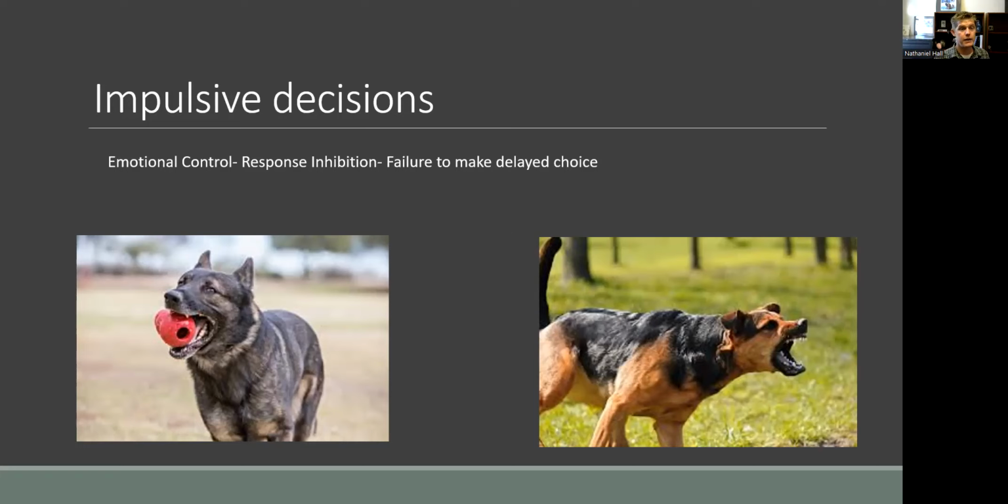In other words, can they bypass perhaps a food that is lying on the ground to walk past that to do their detection task to get a bigger reward, which will be detecting the target odor, delivering the reinforcer, and having a really important playtime? So can they inhibit some of these types of responses to be able to make those delayed responses that are going to have higher value in the future?